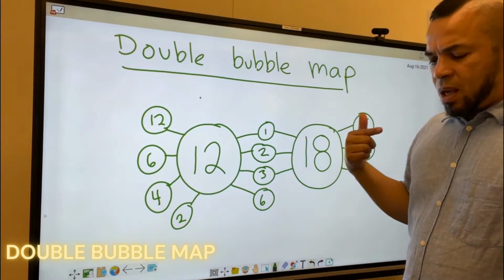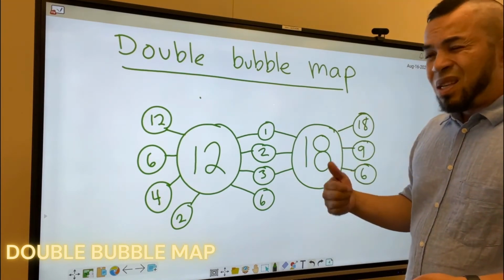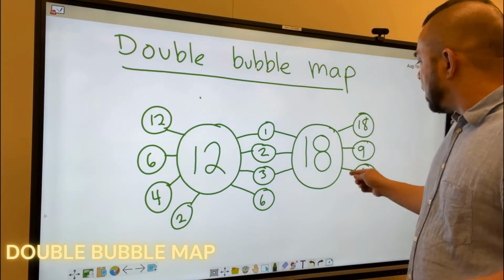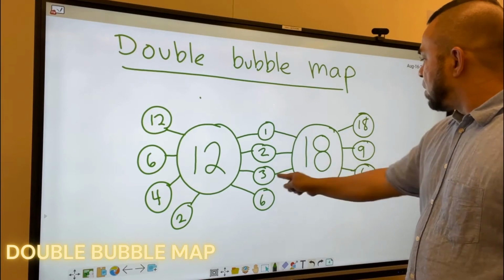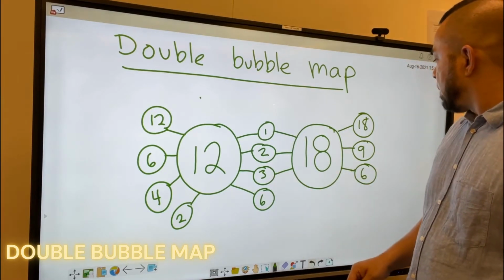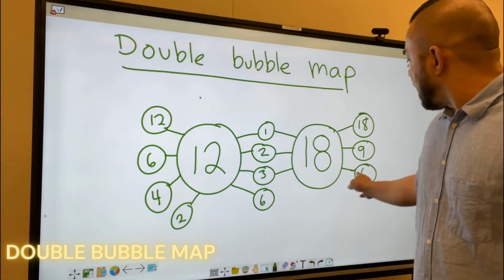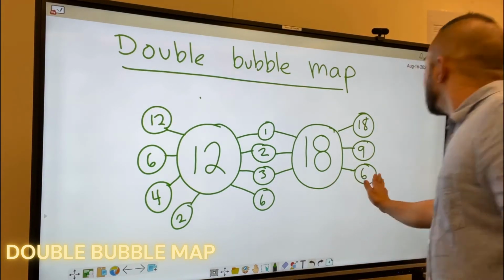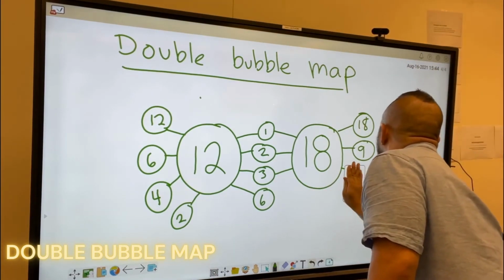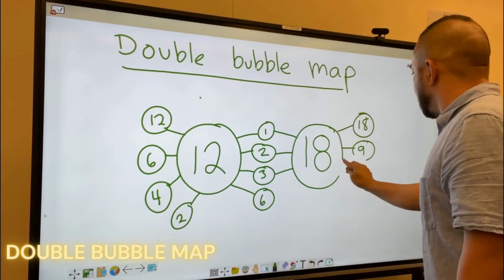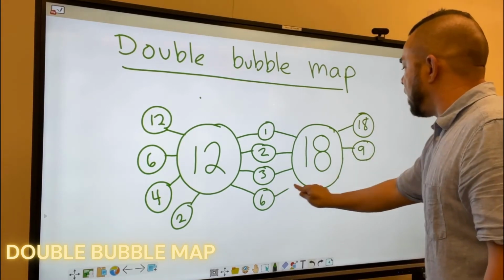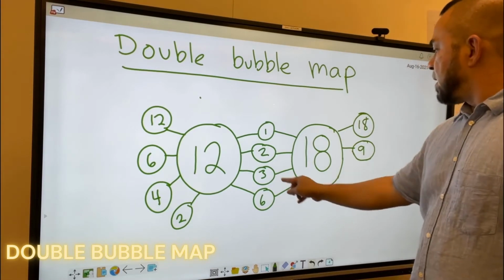And then I keep thinking 4, 5, doesn't work. And then the 6 does work. 6 times 3 is 18. Okay? The 6 times 3 equals 18. As a matter of fact, I could just delete it from here because it already exists over here. The 6 and the 3.